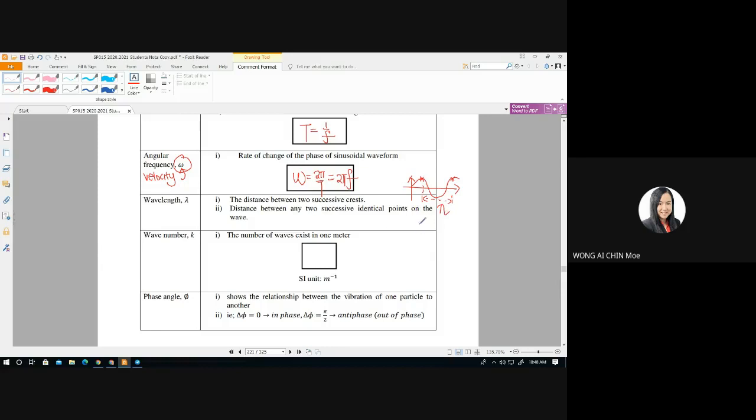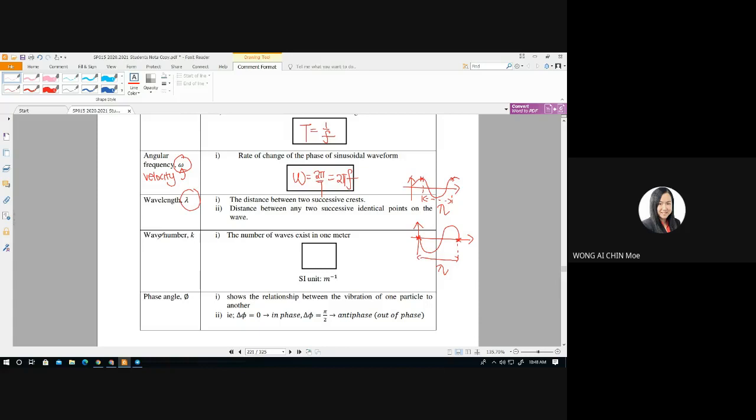So it is not necessary to always go from peak to peak. Sometimes we can take as long as one complete cycle. We can take from equilibrium position to equilibrium position, so this one also is considered one wavelength, one lambda. So this is lambda.